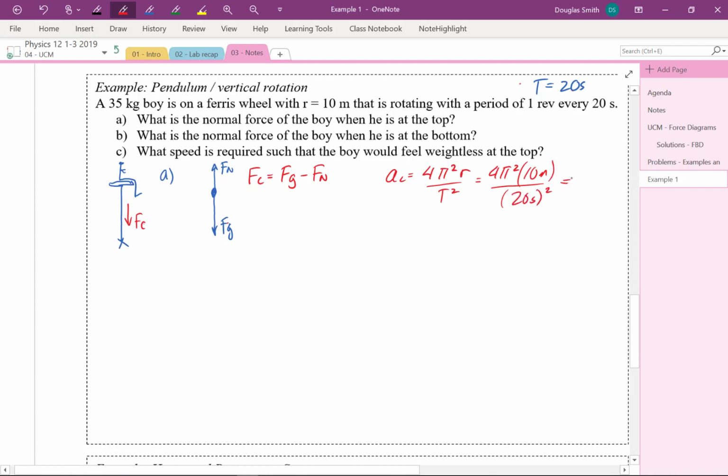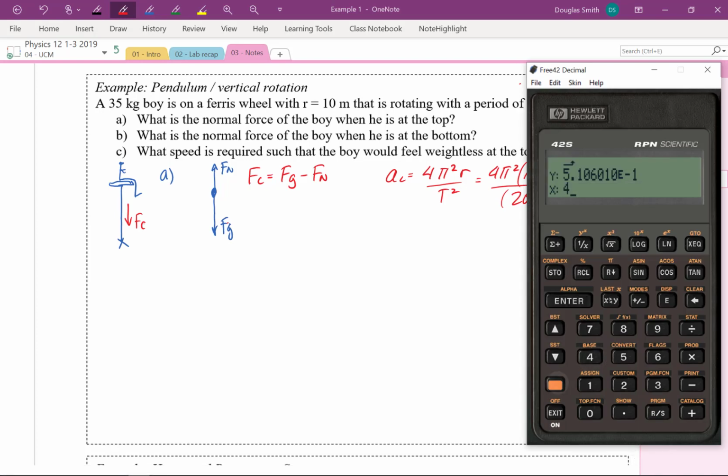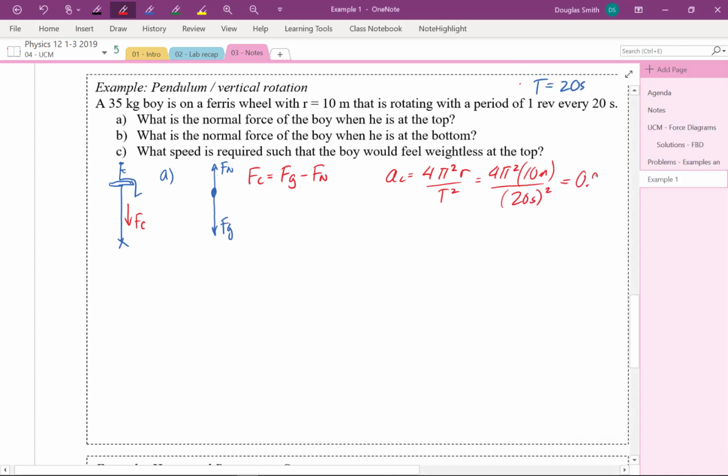So that is 0.987. Since this is uniform circular motion, that will be the centripetal acceleration for all these questions. It won't change.